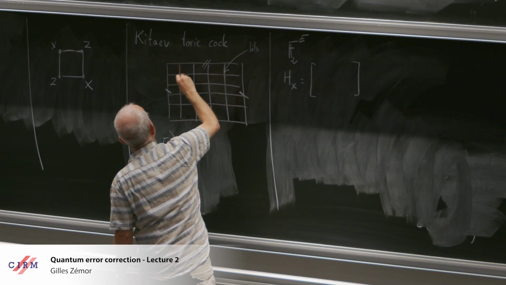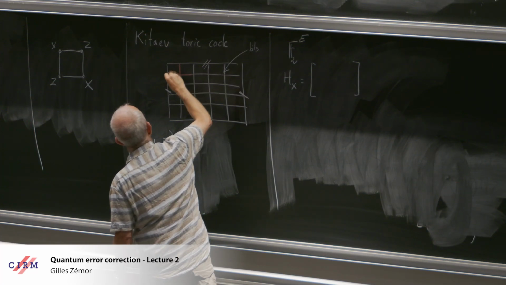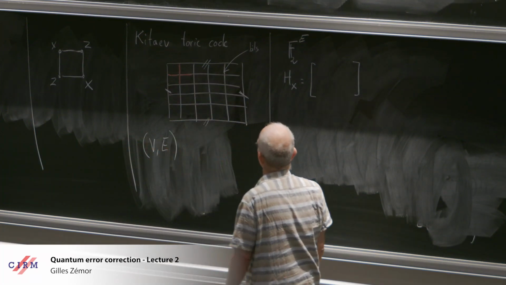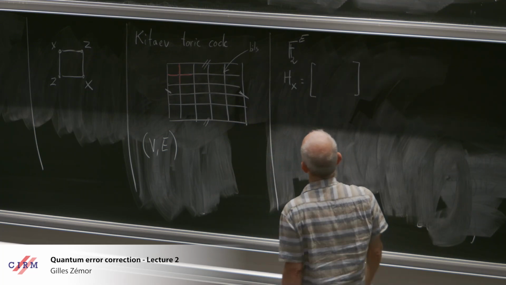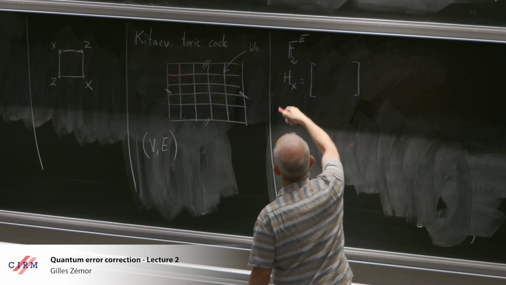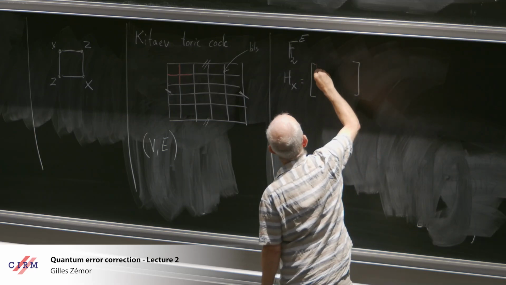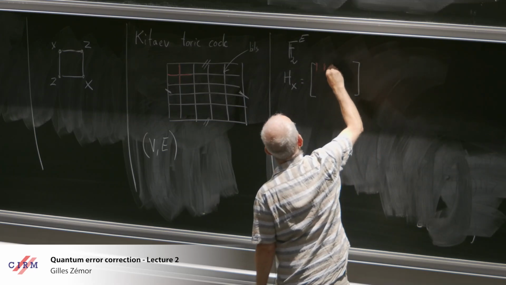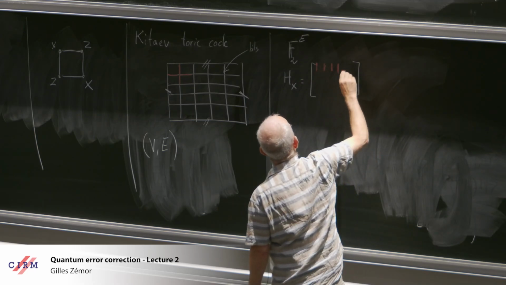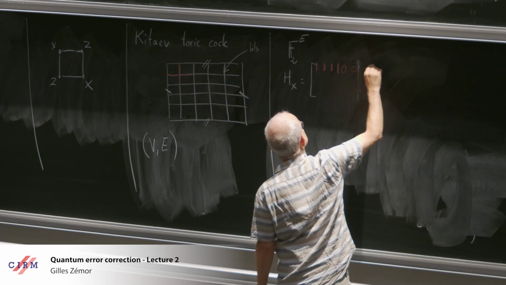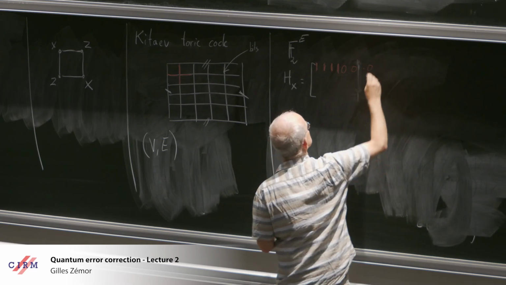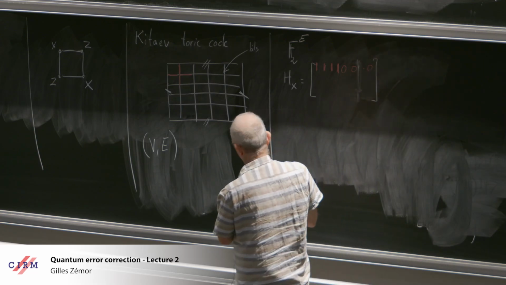Each row will correspond to elementary co-cycles, so there will be one row for every vertex in the grid, like this, and all the others will be 0. And so on.